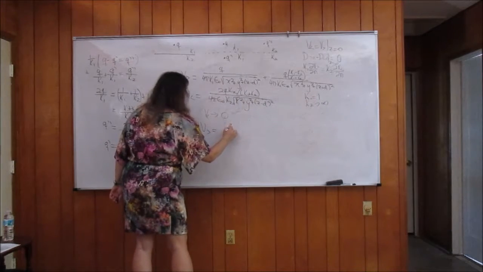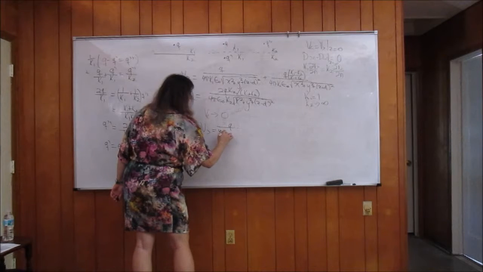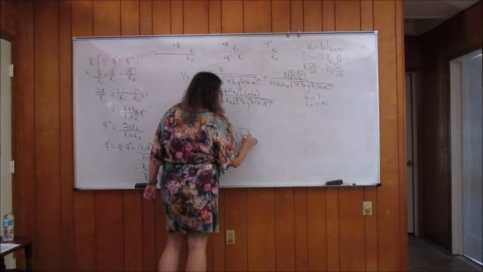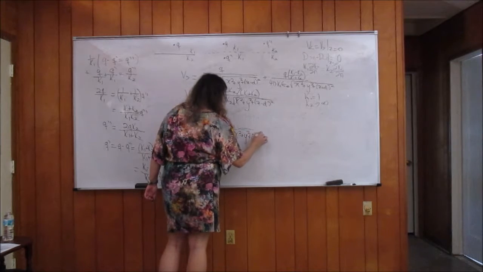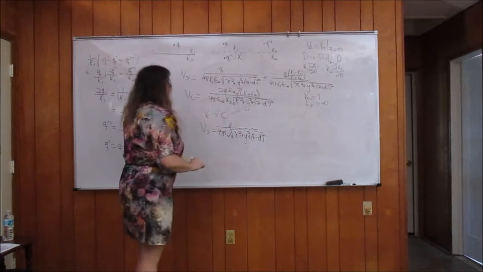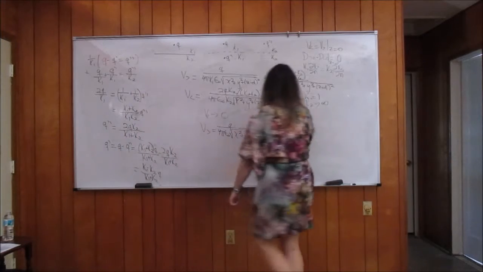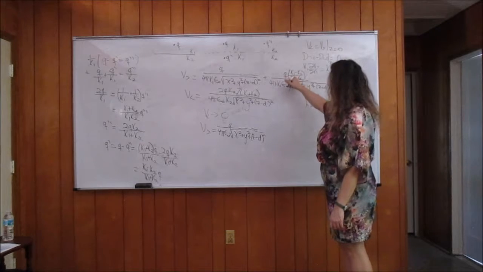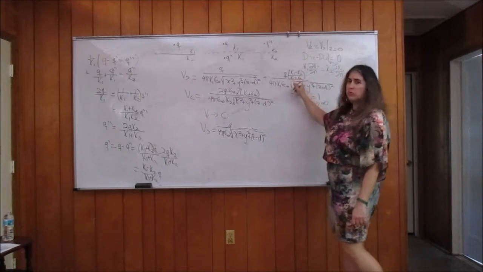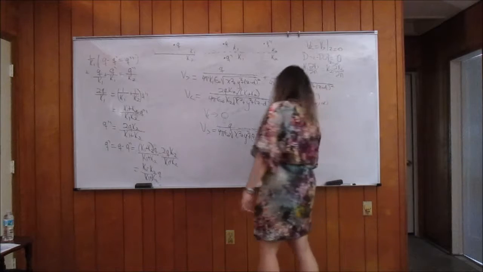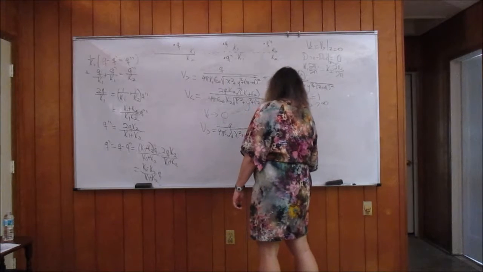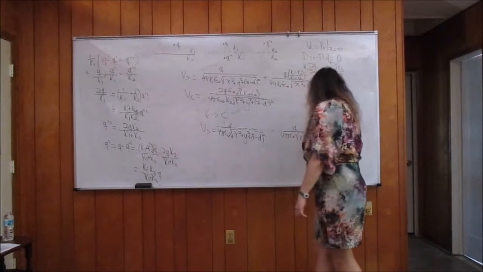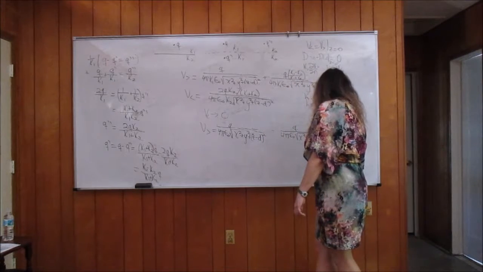So this goes to q over 4 pi epsilon naught square root of x squared plus y squared plus z minus d squared. This term over here, we're taking k1 equal to 1, k2 goes to infinity. So those terms are negligible in comparison, and we wind up with a minus q over 4 pi epsilon naught square root of x squared plus y squared plus z plus d squared.